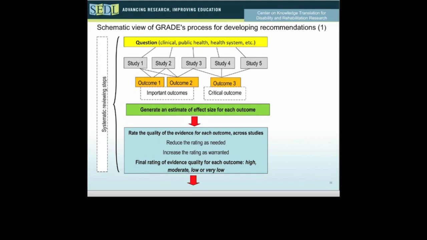But a critical outcome is you don't have side effects that give you new diseases or create disability that you never had before. So if a particular medical intervention may result in serious adverse effect, those would be your critical outcomes.